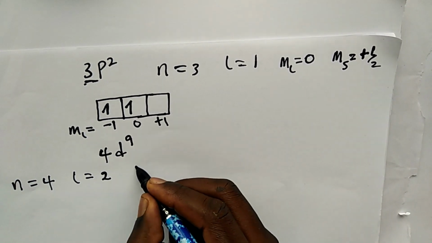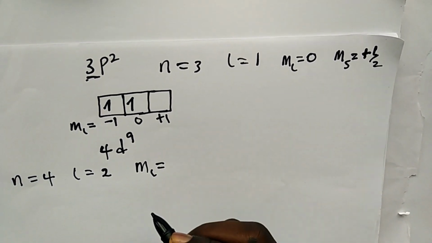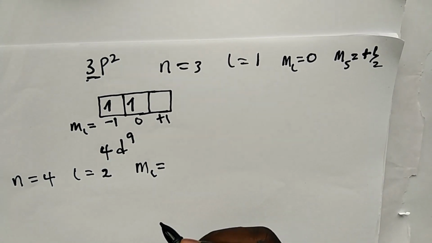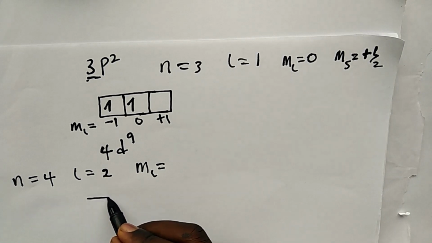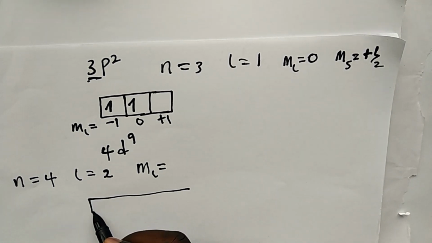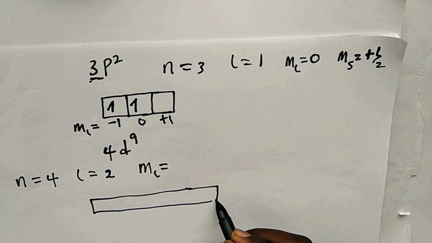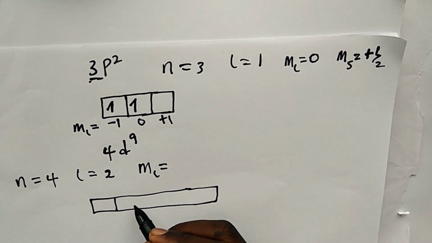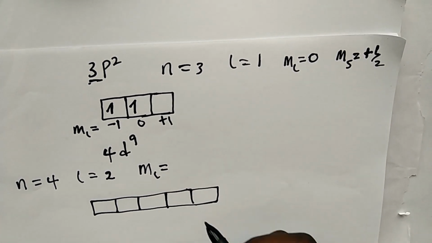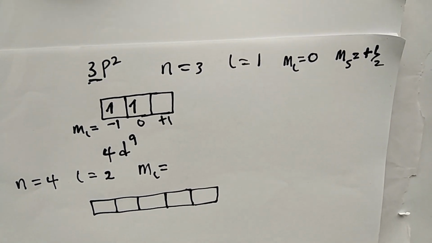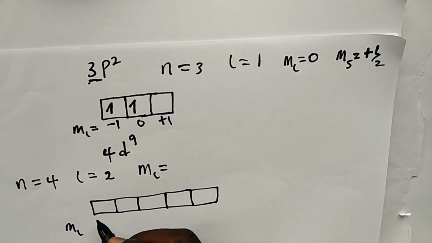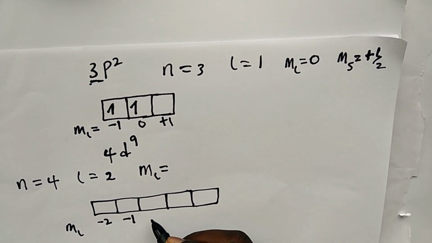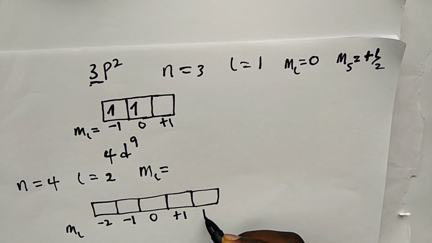Now for ML, our magnetic quantum number, we'll draw the orbital diagram again. D has 5 degenerate orbitals, so we have 1, 2, 3, 4, and 5. L is 2, so ML is going to be minus 2, minus 1, 0, plus 1, plus 2.